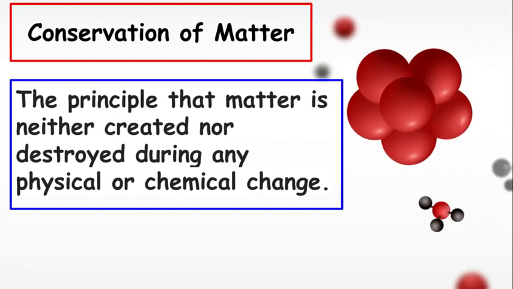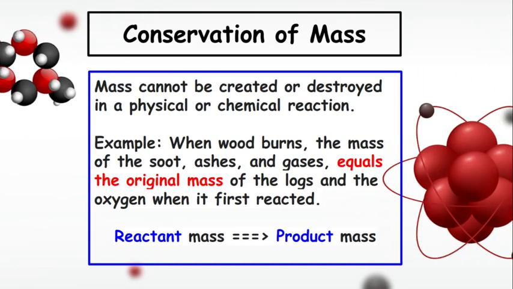What is conservation of matter? This is the scientific principle that matter is neither created nor destroyed during any physical or chemical change. Conservation of mass is very similar. Mass cannot be created or destroyed either in a physical or chemical reaction.